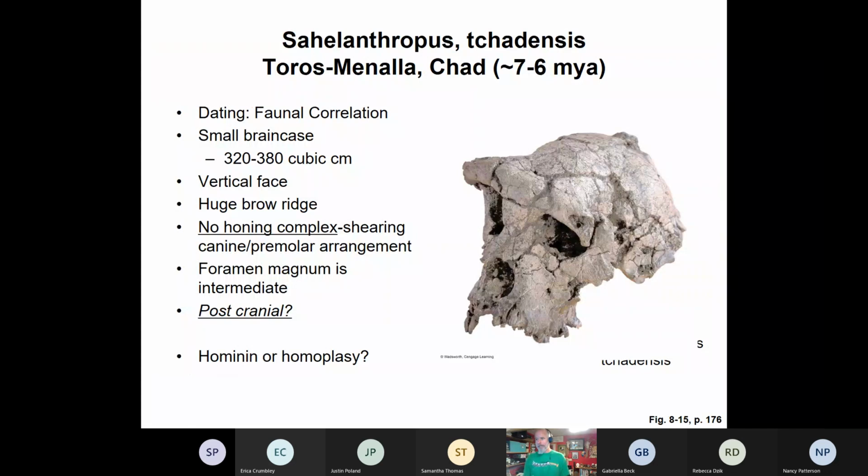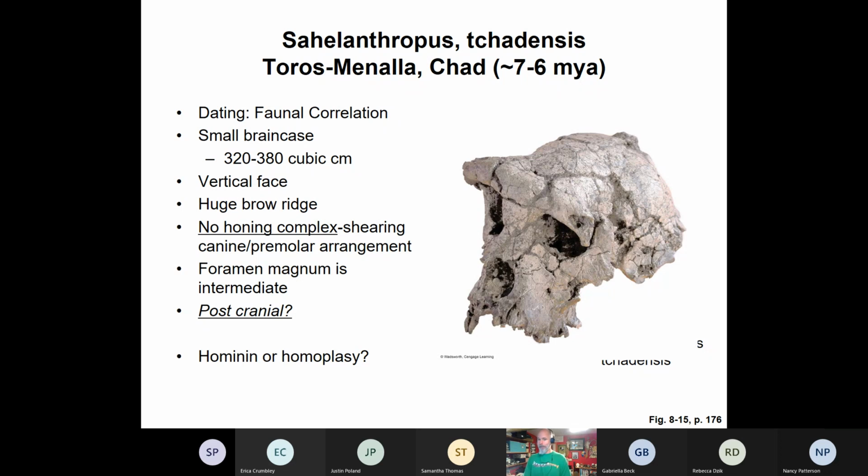So Sahelanthropus tchadensis. The dating method was faunal correlation, biostratigraphy, which we've talked about, and literally it was mapped with other animals and life forms that were found about 1,500 miles away.